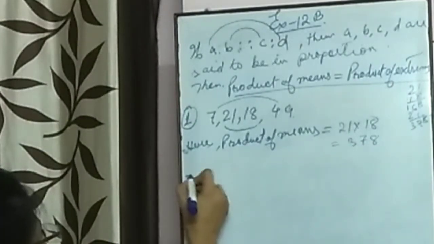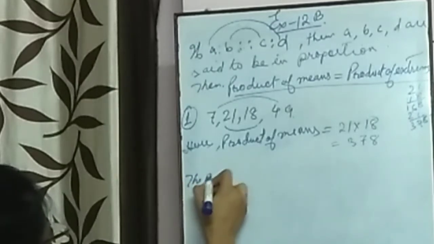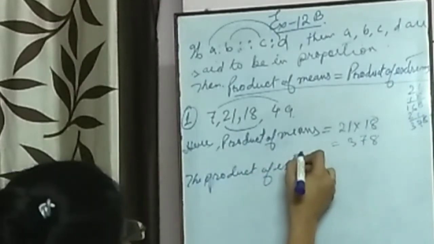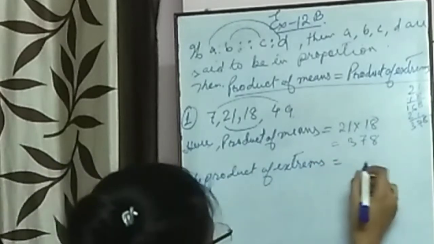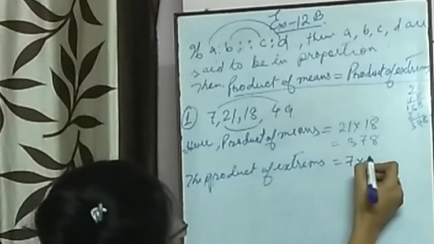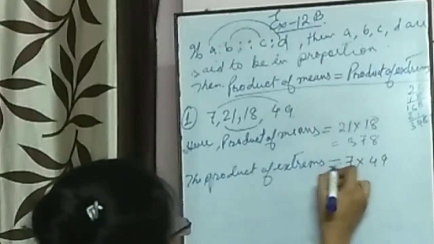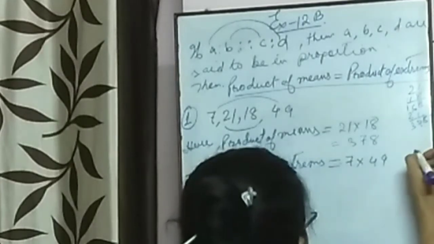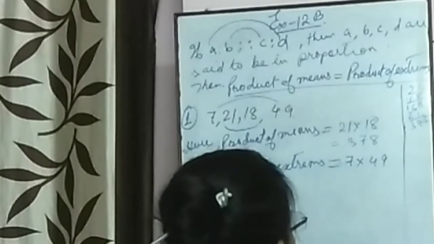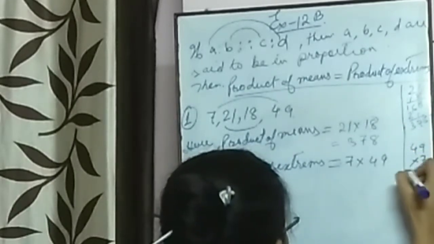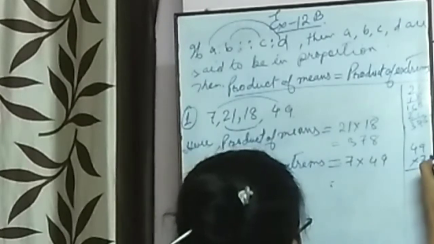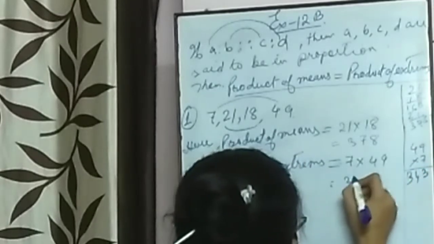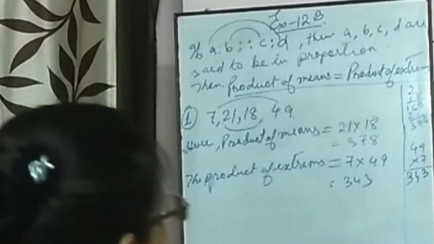Then the product of extremes, what are these? 7 into 49. Here you show it: 343.